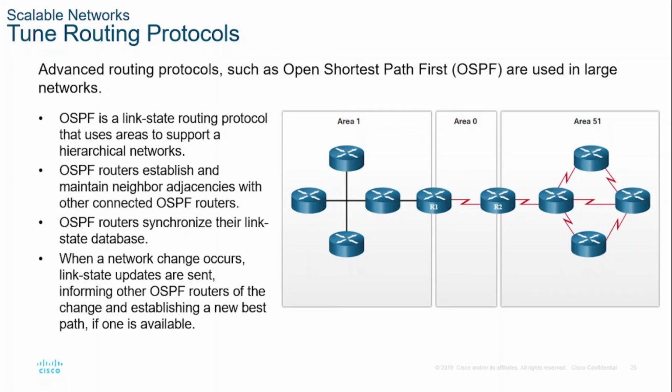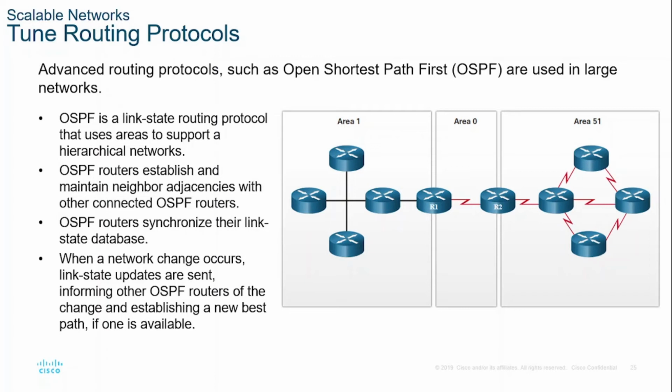Tune routing protocol. Advanced routing protocols such as Open Shortest Path First, or OSPF, are used in large networks. OSPF is a link state routing protocol. As you can see in the figure, OSPF works well for larger hierarchical networks where fast convergence is important.